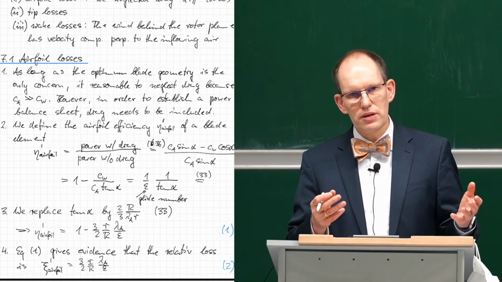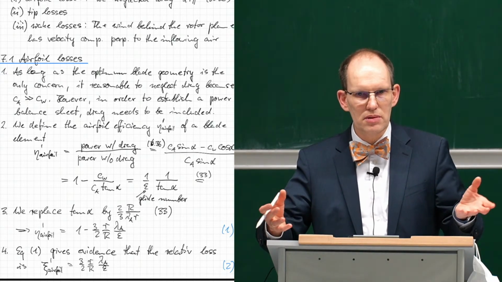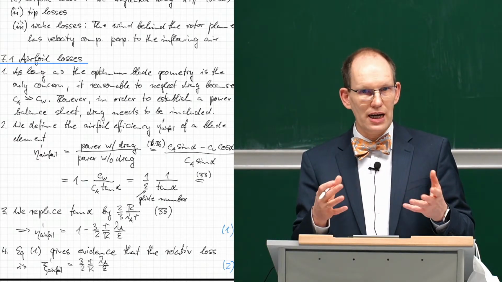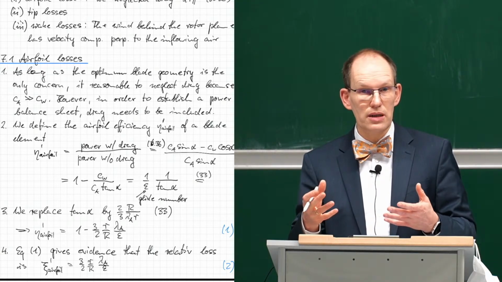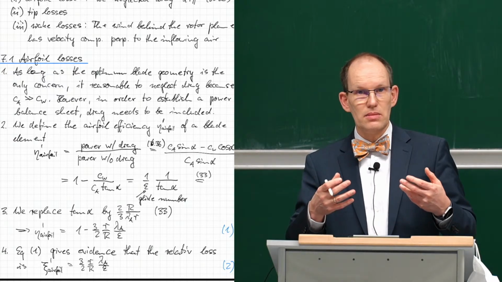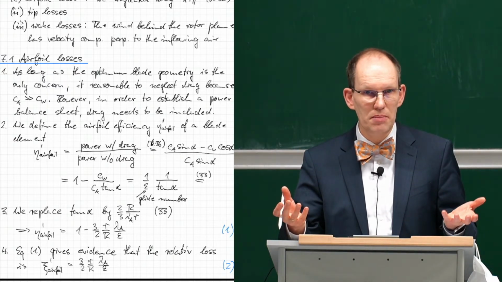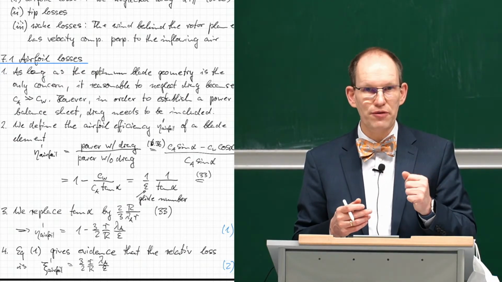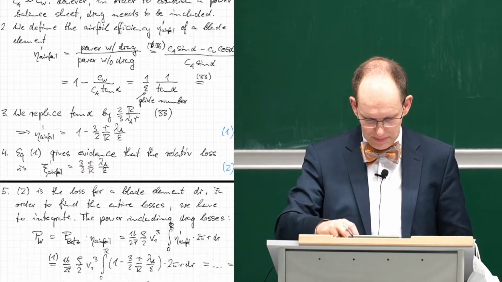But we know, of course, that drag has more impact the larger the relative velocity of blade and wind, which means that closer to the tips, you expect the impact of airfoil losses.